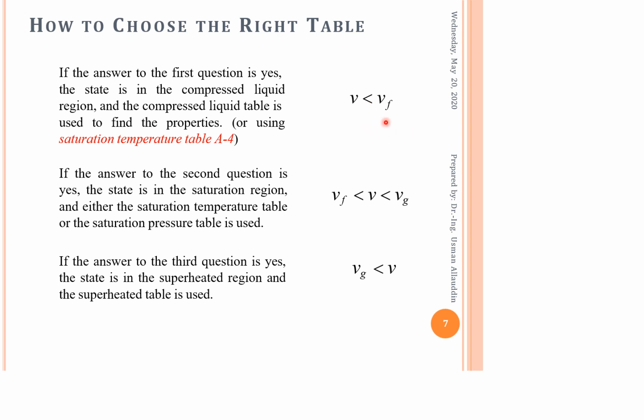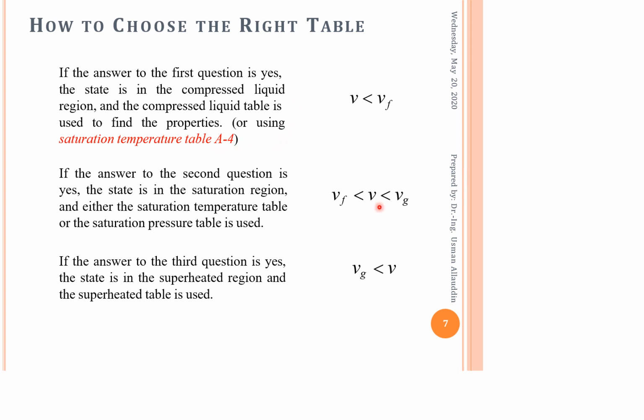I hope you understand the question now. If this condition is right, then V lies in the compressed region. Why is that? If we are less than Vf, it is the compressed region. For the compressed region, we use the compressed table, which is table A7, or we can also use table A4.